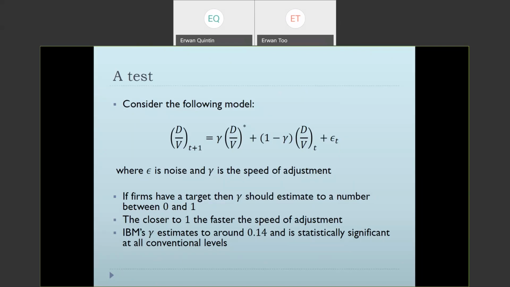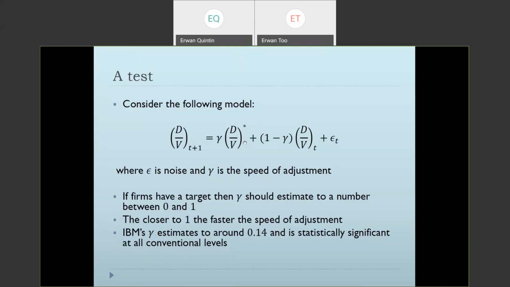Changing that leverage ratio is either going to mean issuing new bonds or retiring old bonds, which takes time. So I do expect the recent past to have a consequence on my current leverage ratio. But at the same time, I expect to return towards my long-term target, if we believe the trade-off theory.